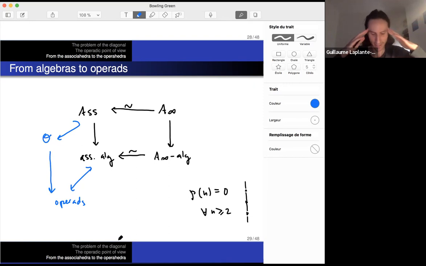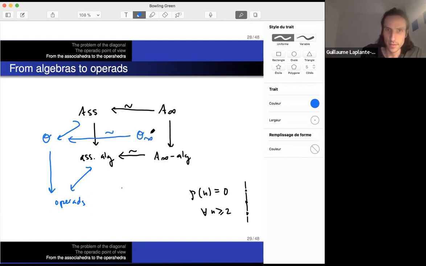That's a bit odd for the mind at the beginning. So there's an operad that encodes operads, and there is also a minimal resolution of it, O infinity, in which A infinity embeds. And when you take algebras over O infinity, what you get is operads up to homotopy.